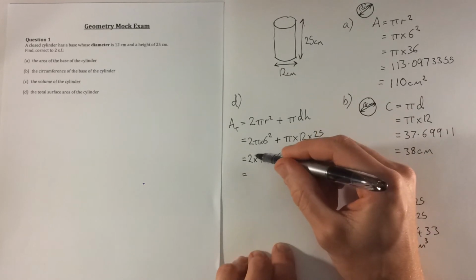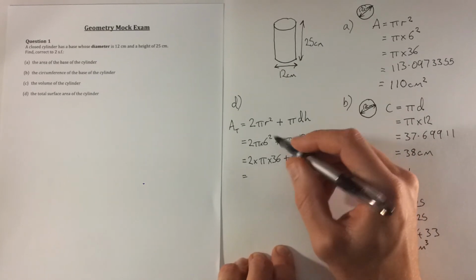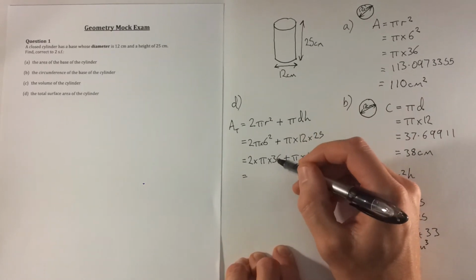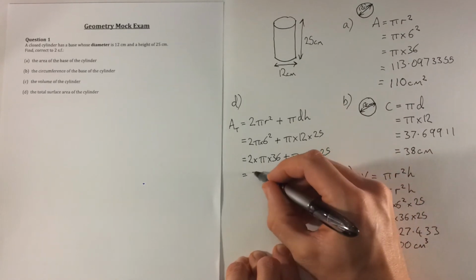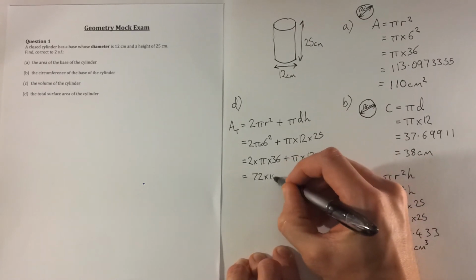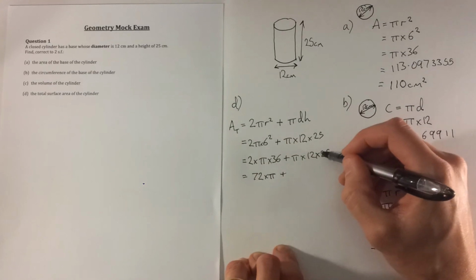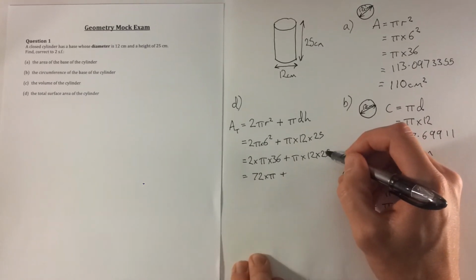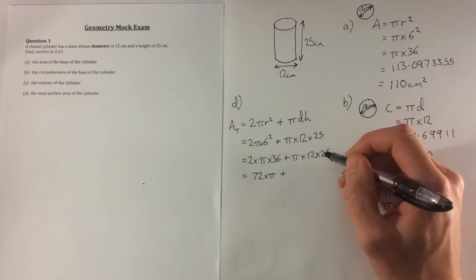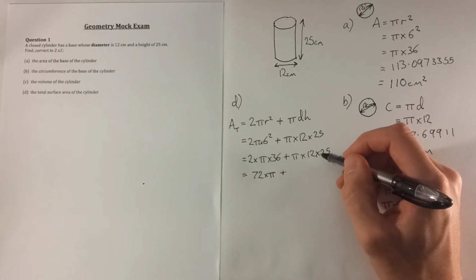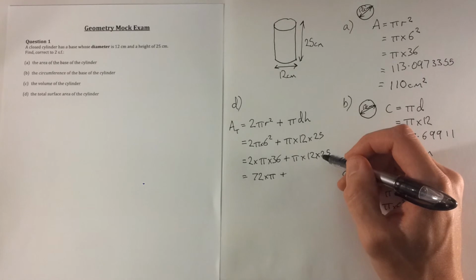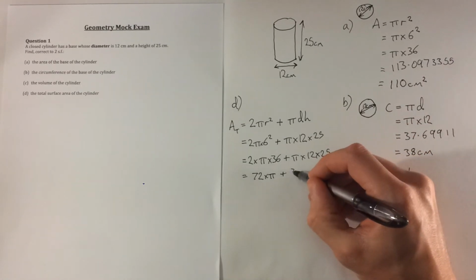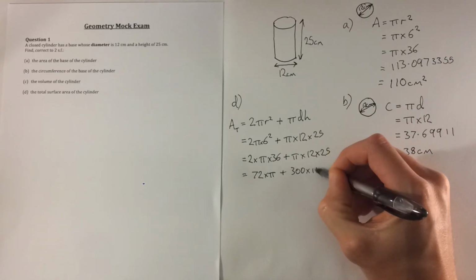We can do 2 times 36, which gives us 72 times pi, plus 12 times 25 times pi. Now 12 times 25 will give us 300. So we have 300 times pi.